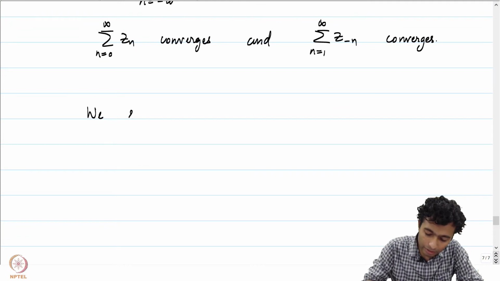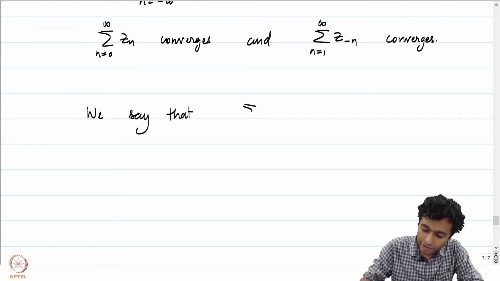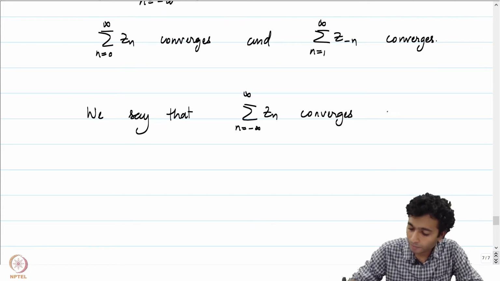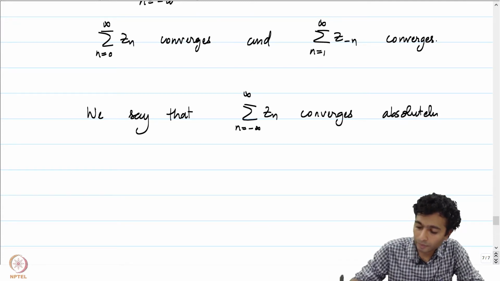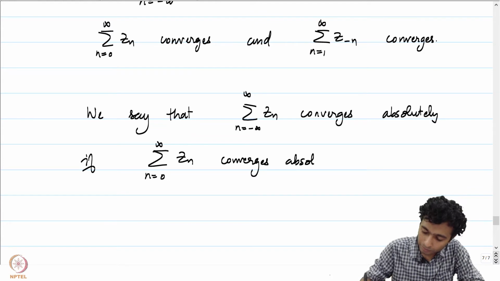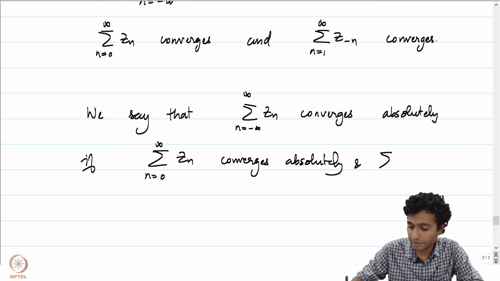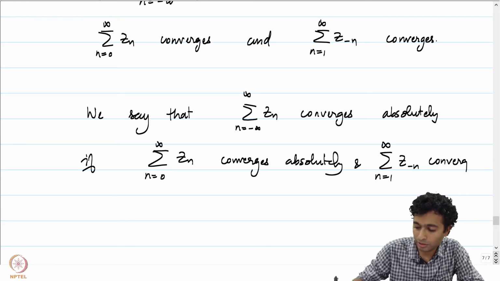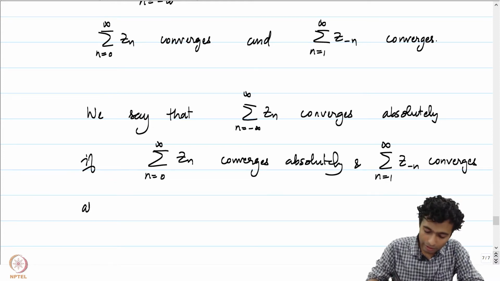We say that summation Zn converges absolutely if summation Zn where n goes from 0 to infinity converges absolutely and summation n equal to 1 to infinity of Z minus n converges absolutely. If both these series converge, then we say that the doubly infinite series converges absolutely.